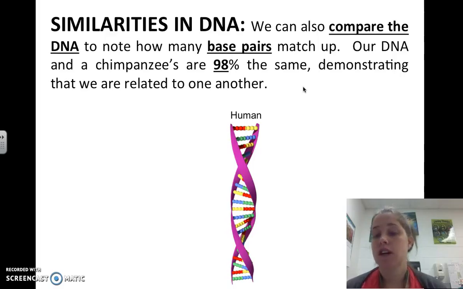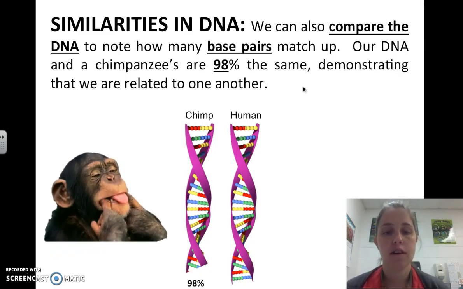And that demonstrates, since it's so similar, that we are related to one another. We have a common ancestor. Okay, so if we look at chimps, they look very similar in their DNA. Now, they may not look very similar on the outside, but remember, there is that 2% that is not the same, and that's really what codes for the differences between us.